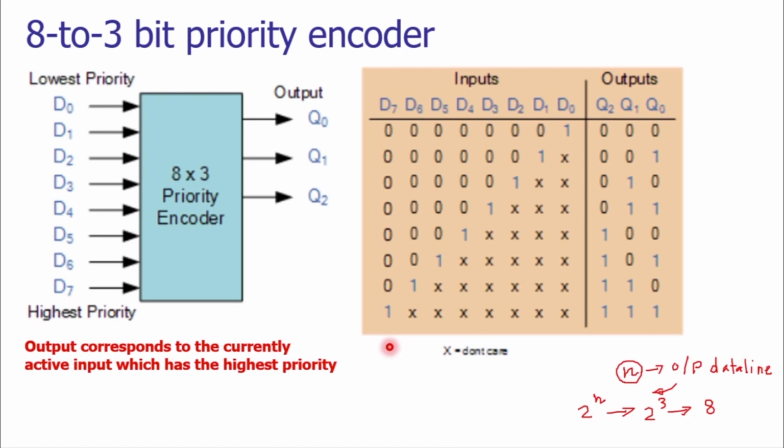So what is the meaning of this priority that we will see? Now let us see one example to understand the concept of the priority. Look at the row number 2. Here the data input line 1 is showing the high level input value.